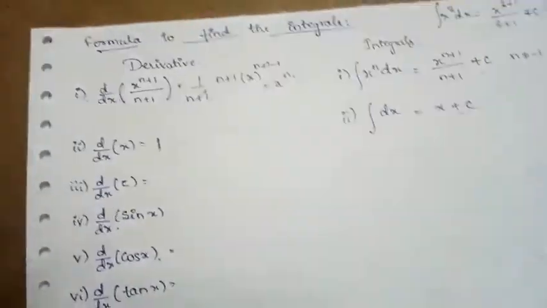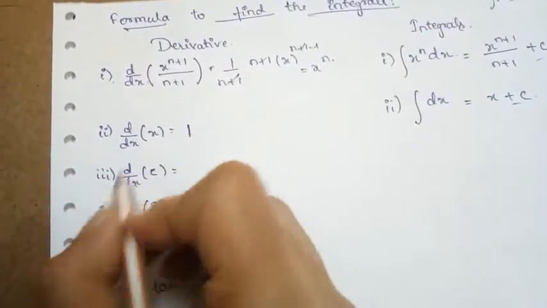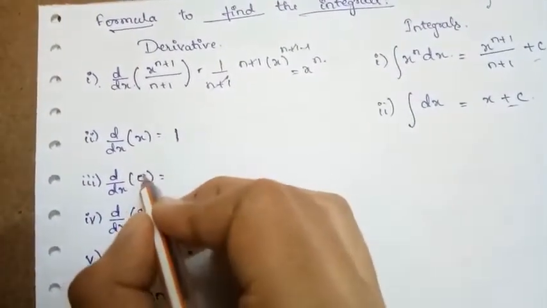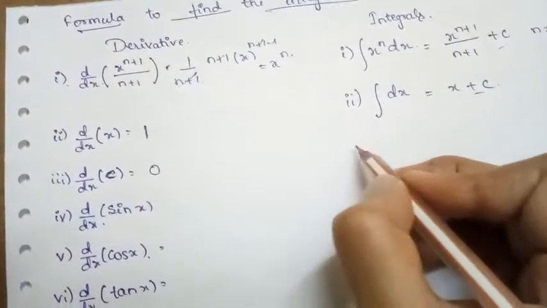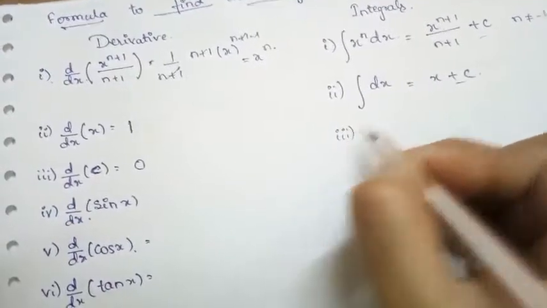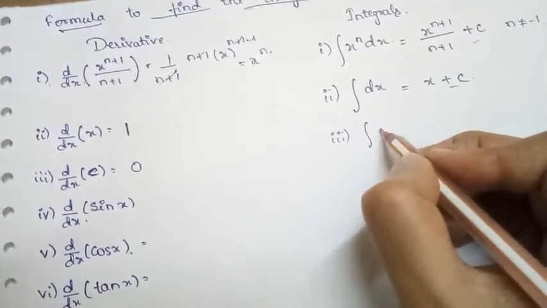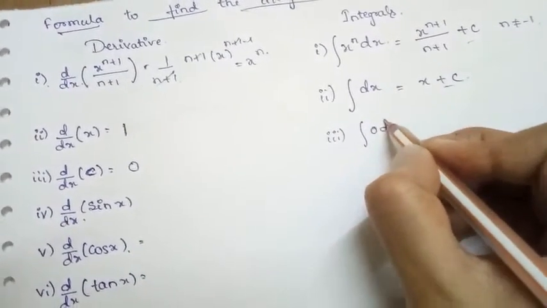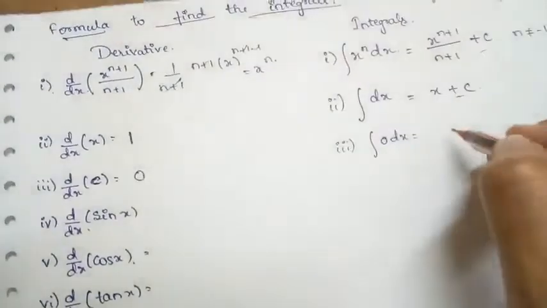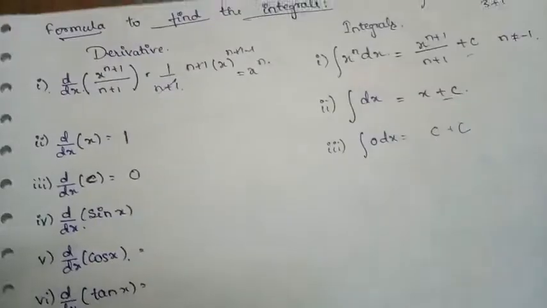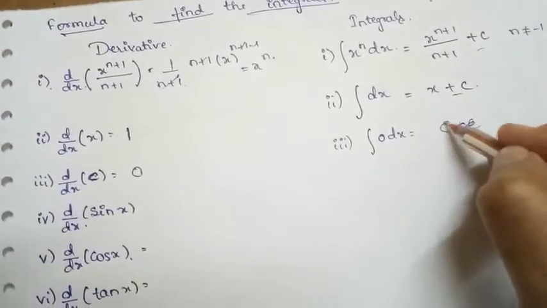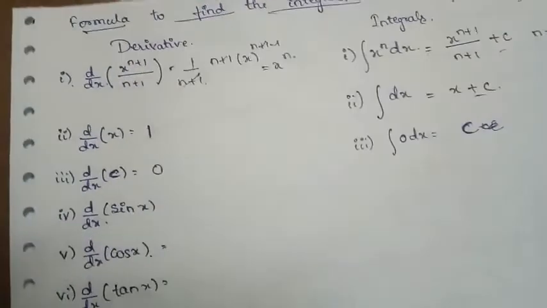We are going to represent it for all the integrals. Similarly, the differentiation of any constant c is equal to 0. So clearly the integration of 0 with respect to x is always a constant, and a constant plus a constant is also a constant, so we represent it by just a c.